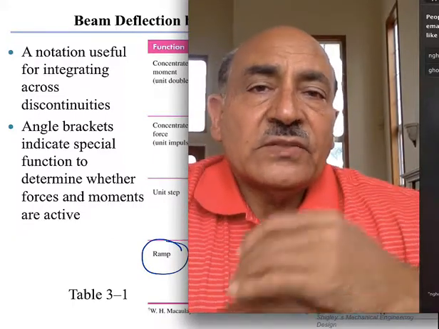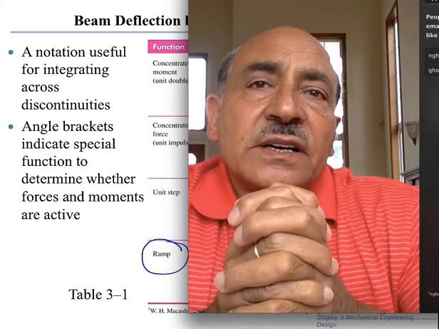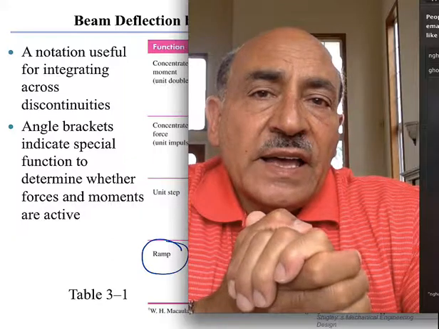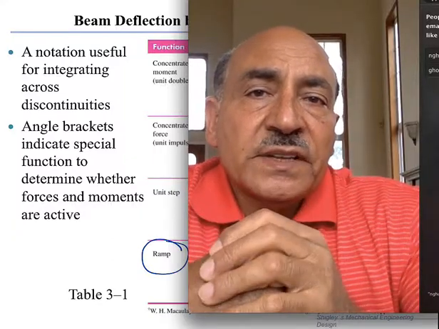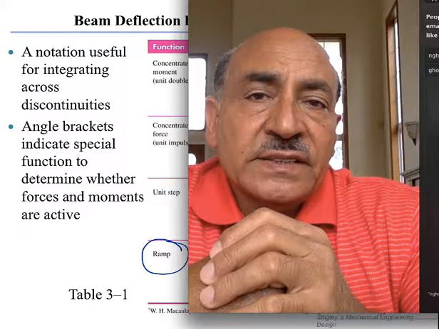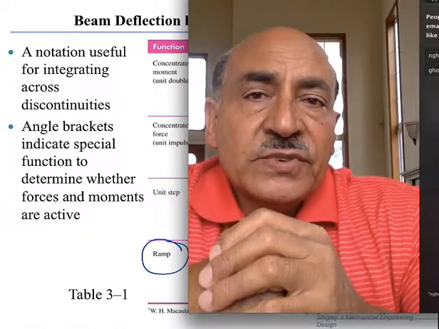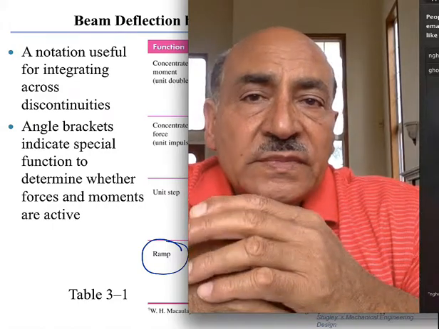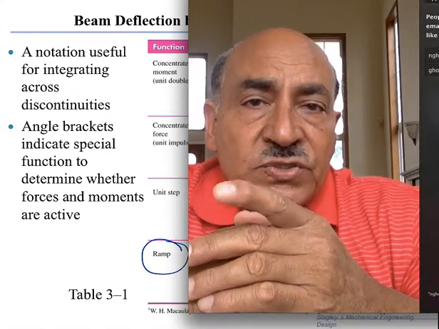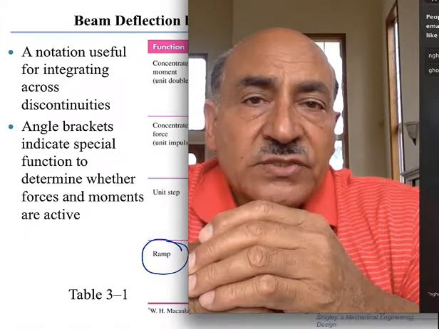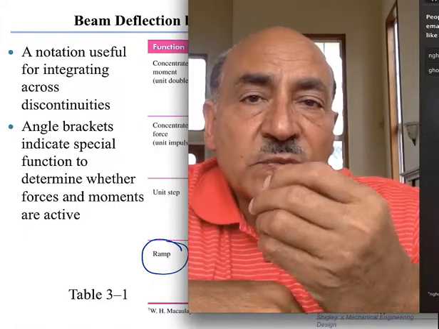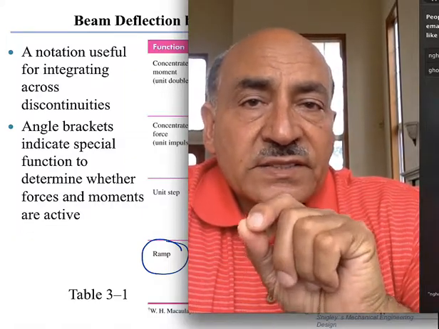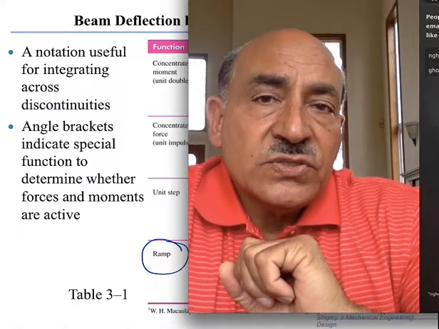One word that I would like to add here is that we use these functions in a way that we have to interpret the meaning of the mathematical equation. For example, if we say 3 times x minus 2 to the power minus 2, that means that I have a moment, the magnitude of the moment is 3, and it's only concentrated at the point x equals 2.